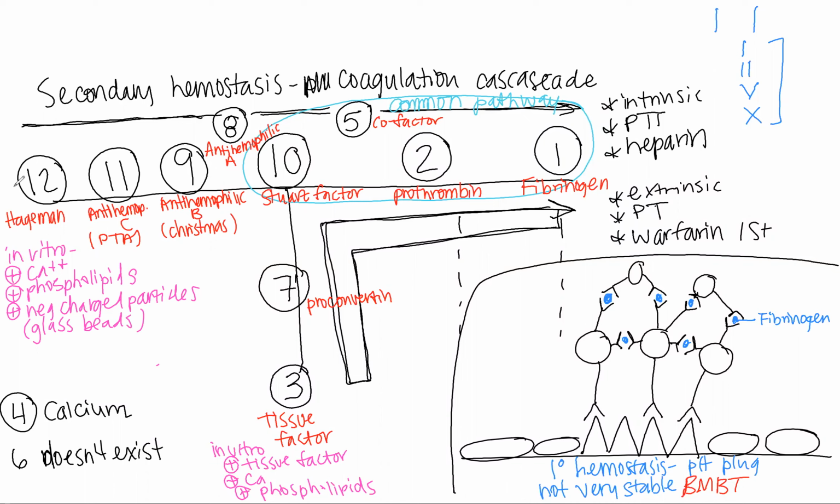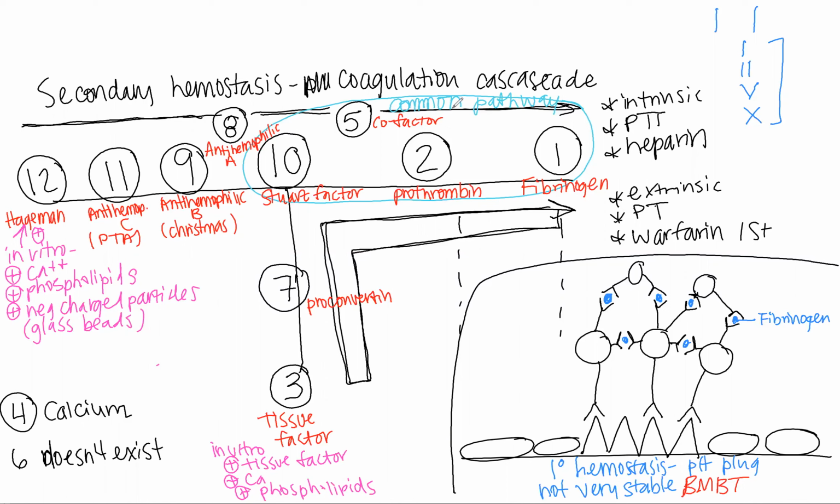So when we're adding this and looking at this in vitro, we're stimulating factor 12, and then it's going to 11, 9, 8, 10, 5, 2, 1. So if factor 12 isn't working, like with Hageman deficiency, we get a really prolonged PTT. But that's actually not how coagulation happens in the body. So those patients don't have any bleeding issues.